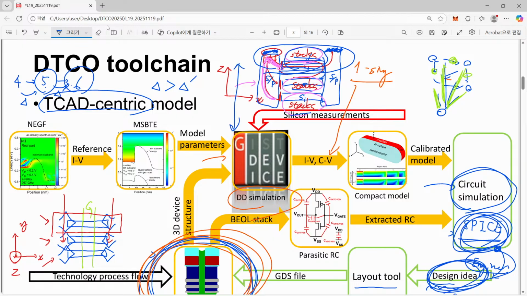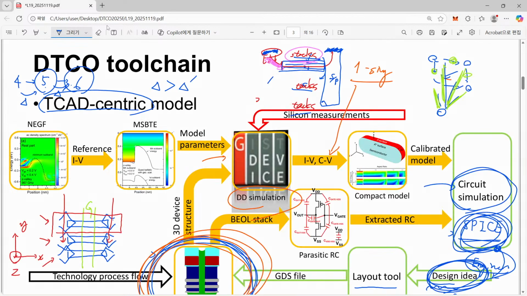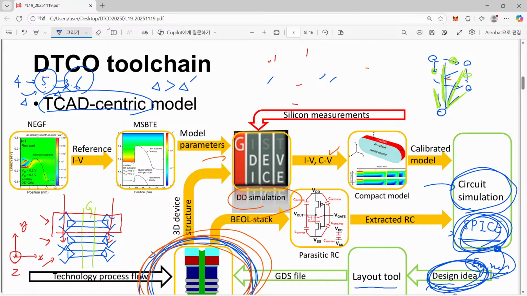The size of the system in its X, Y, and also Z direction is increasing, so that's the reason why we must consider an ever-increasing larger system size. Anyway, that was the device simulation.